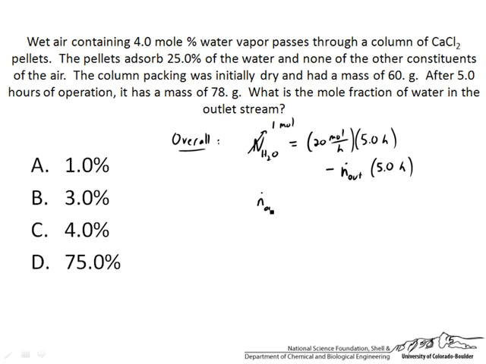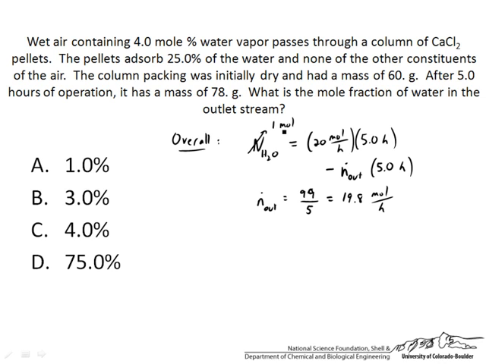Solving for that, it turns out to be equal to 99 over 5, which is 19.8 moles per hour. So we lose 0.2 moles per hour, so over 5 hours we lose a total of a mole, which makes sense. Then we have 1 mole of water that's accumulating over this period.